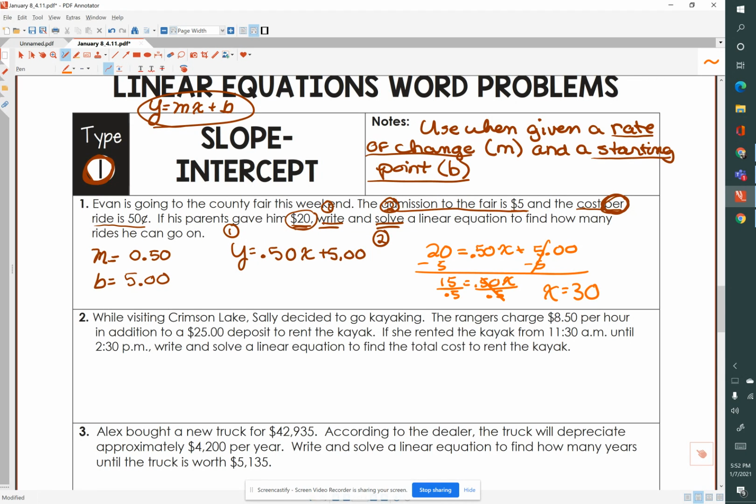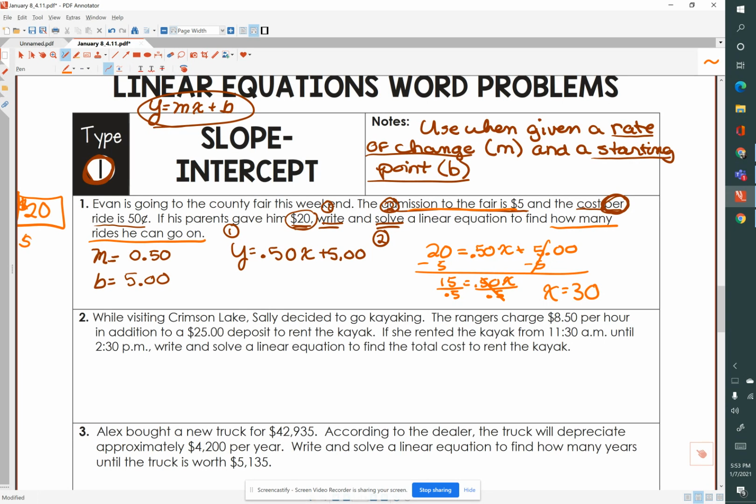So let's step back from the problem for a minute, okay? It's always a good idea to do this. So what did they ask us? We're asked to find out how many rides he can go on. So let's think about this. He's got $20. He had to spend $5 for admission to the fair.